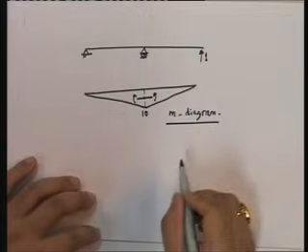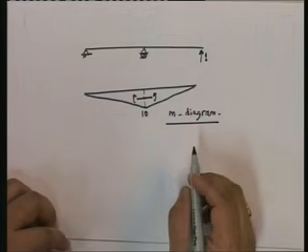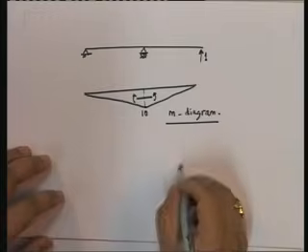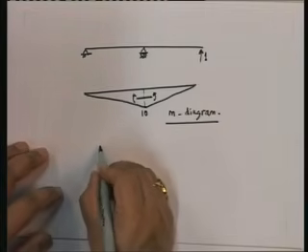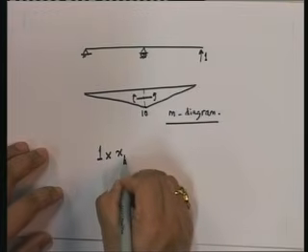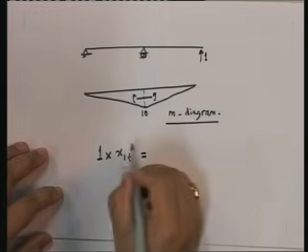diagrams. Okay. And what I need to do is find out x1 of t, which is going to be 1 into x1 of t. That's the work done.